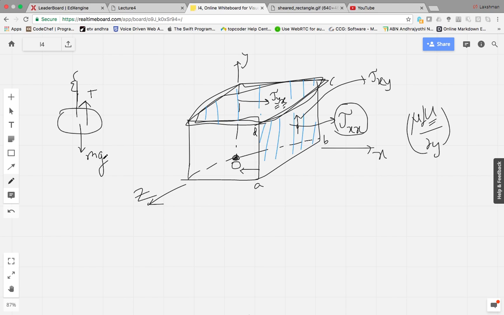Why do we write mg pointing downwards and tension pointing upwards? While writing this, we write T minus mg is equal to 0. Why do we give minus for this one? It's basically convention. Positive y direction is y pointing to the top side, so anything that points down is minus mg. This is the convention that we adopted for this particular problem.